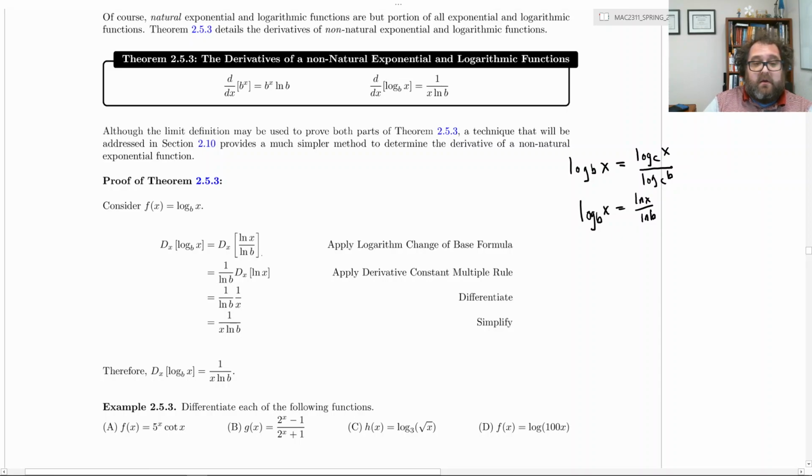But here's the thing. Natural log of b is just a constant. So there's no need for a quotient rule here, because remember, anytime the denominator is a constant, we can rewrite that as multiplying by 1 over natural log b instead of dividing by natural log b, because natural log b is a constant.